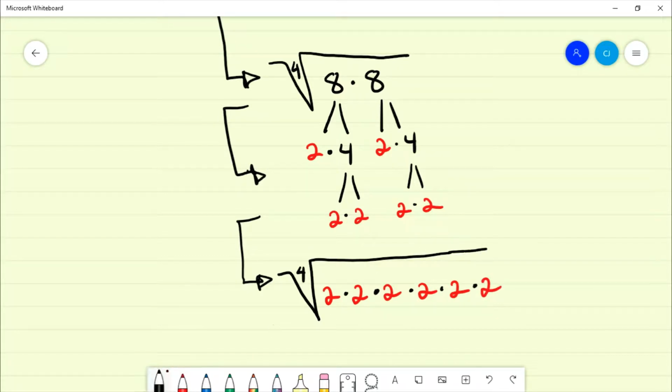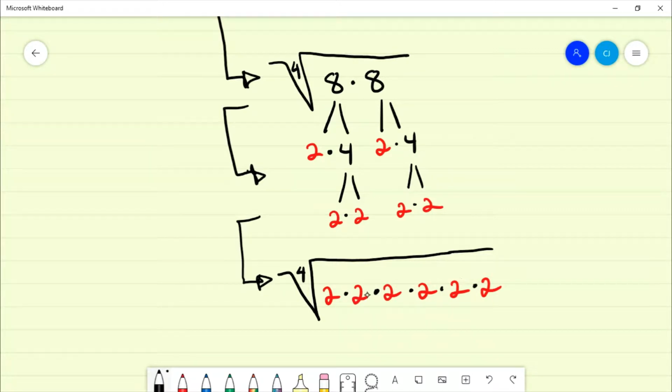So essentially what I just did is I took these two 8s and I unpacked them, or rewrote them, as the following set of numbers. And why did I go through all this trouble?